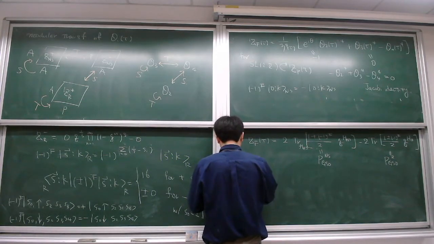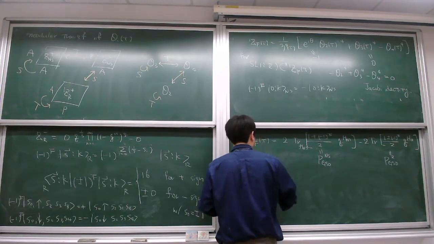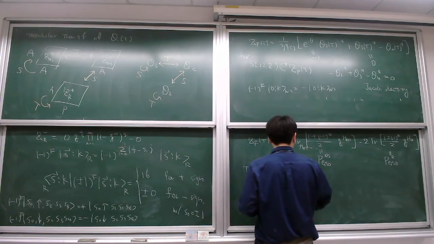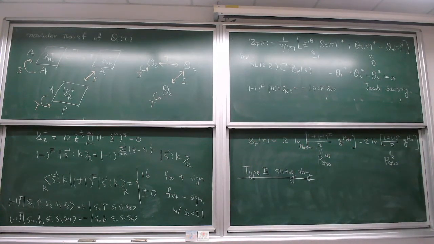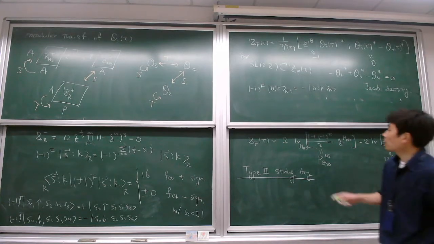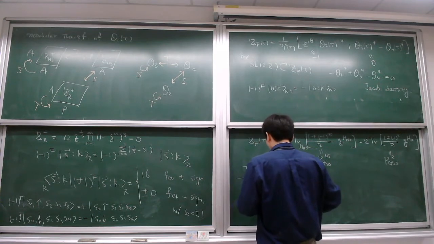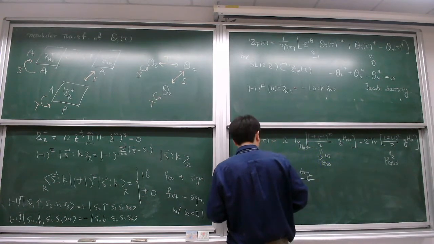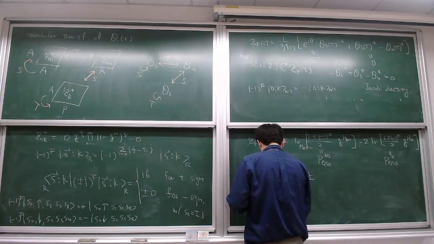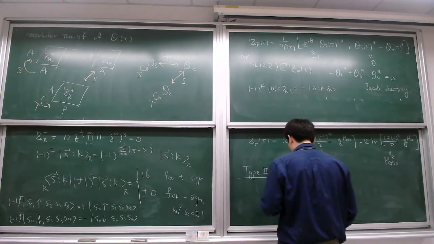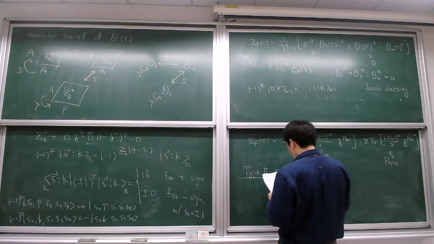So, type 2 string. In closed strings, we just need to consider the vacuum of the closed string. You first consider the massless modes of the superstring, and then type 2A and type 2B are indeed the choice of the GSO projection, left moving and right moving.